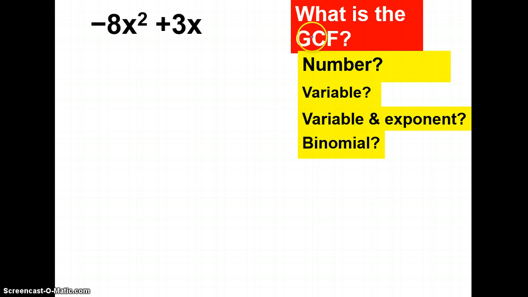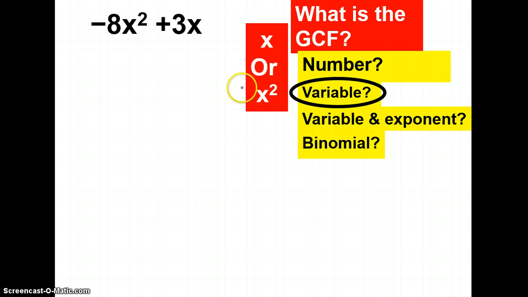Ooh. What is the GCF here? What variable do they have in common? You have a variable. But is it x or x squared? What's the max number of x's I could divide out without taking more than I need from each one? X. Now, a lot of students would be tempted to say x squared because you're like, oh, that's the highest one.